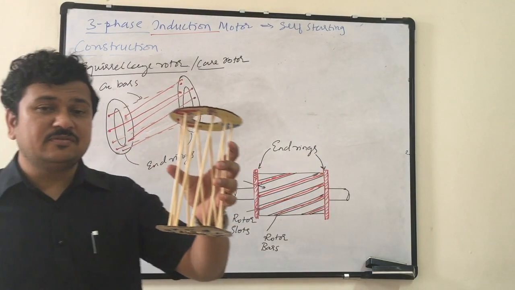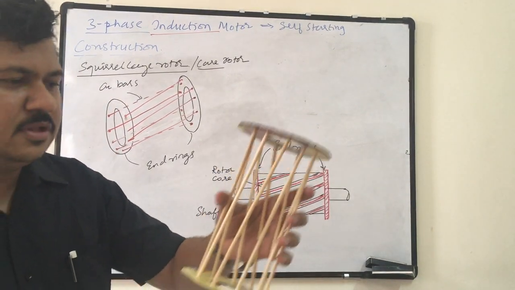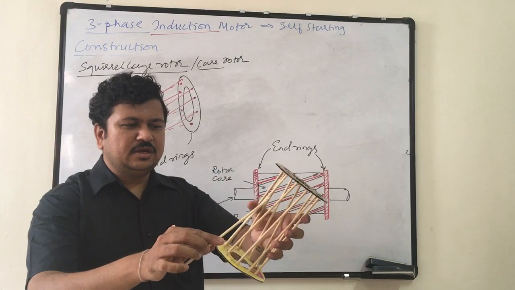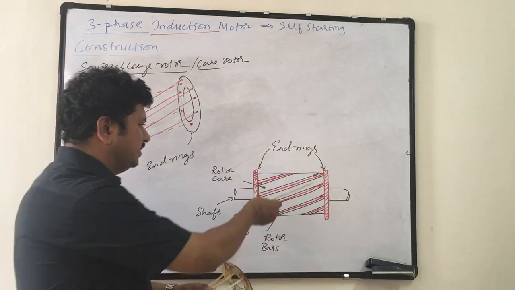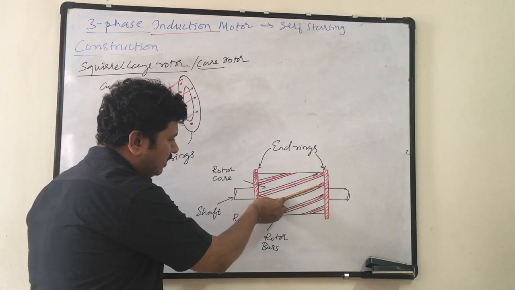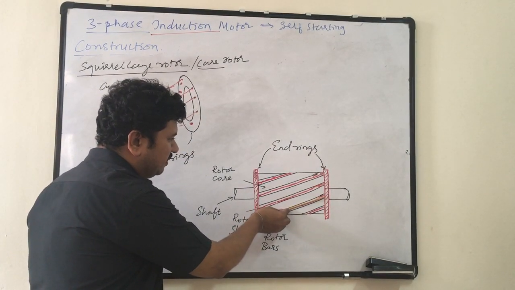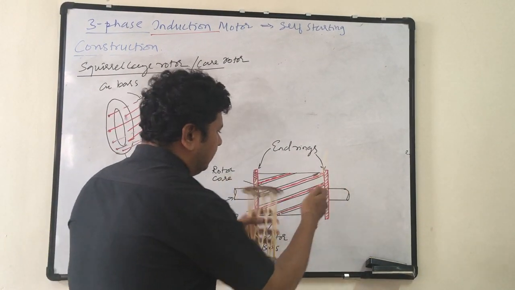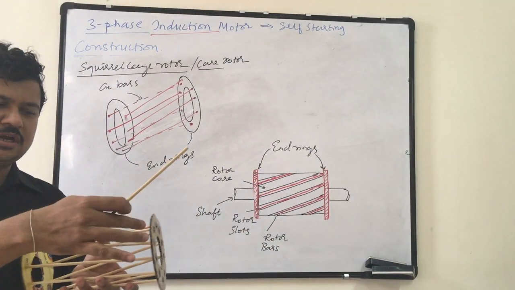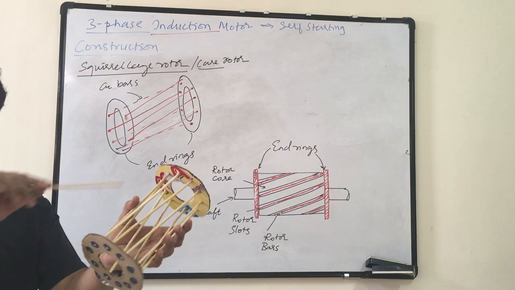This is only the structure of the cage. The rotor will not be this much hollow, please don't imagine like that. Each conductor is placed in one slot like this. So each bar is placed in one slot, and at the end, taking two copper end rings, they are connected and braced. Each conductor is braced at both the ends.